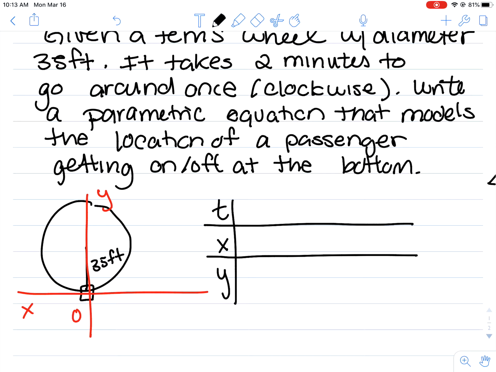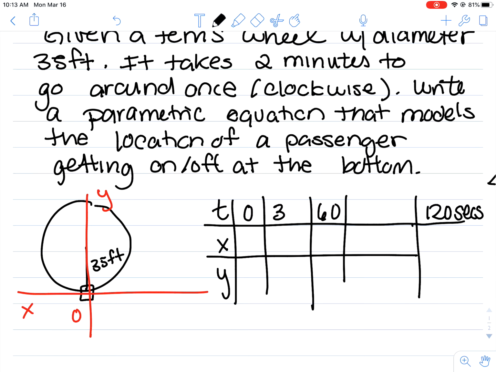It takes 2 minutes to go around. So let's break that up into a time interval from 0 to 120 seconds. Okay, so then halfway 60 seconds, quarter of the way 30 seconds.